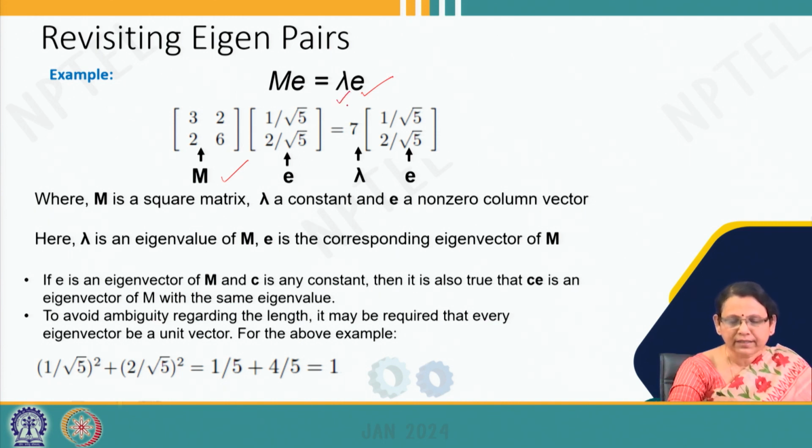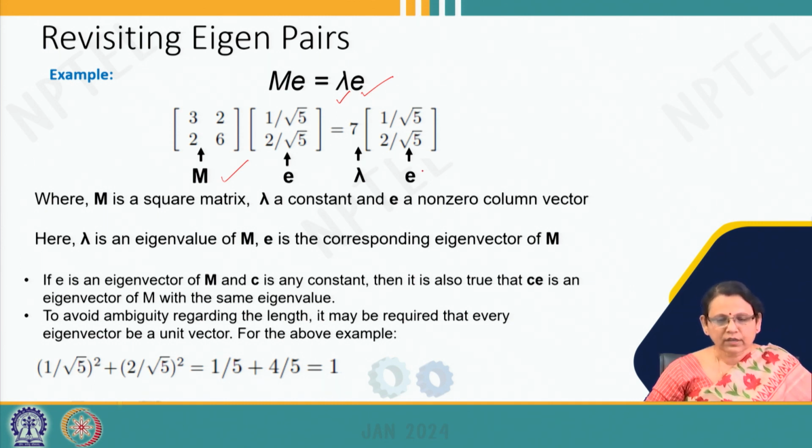So, how do you define them? If we multiply the data matrix M with the eigenvector E, it becomes equal to the eigenvalue lambda multiplied by the same eigenvector. Here M is the square matrix.